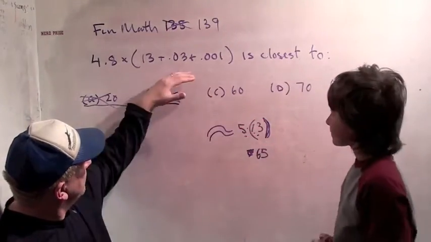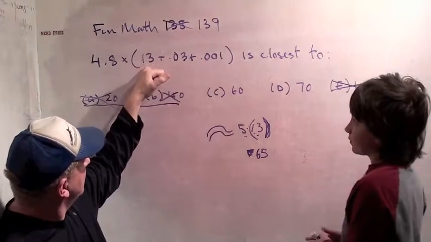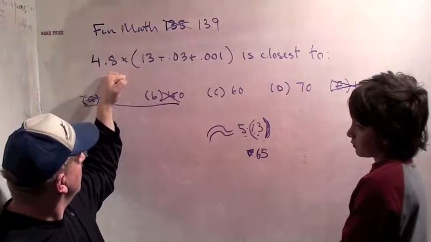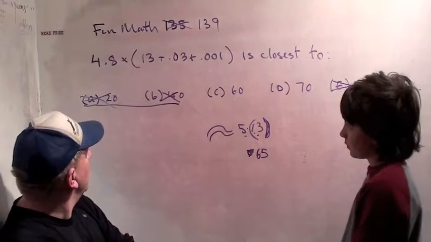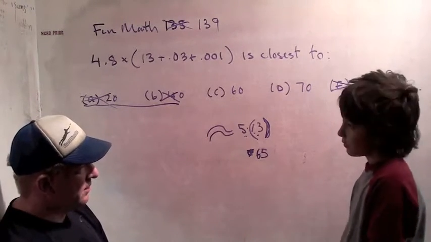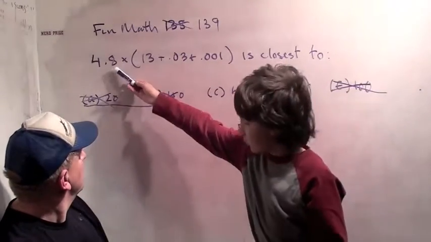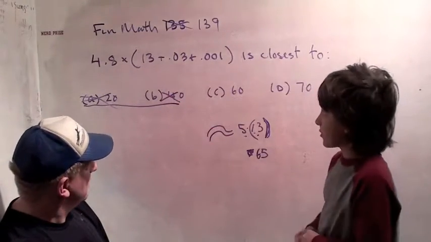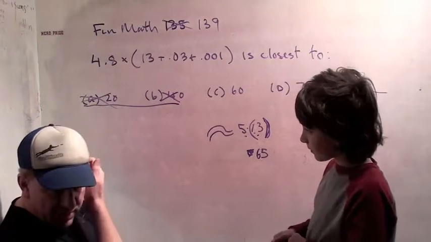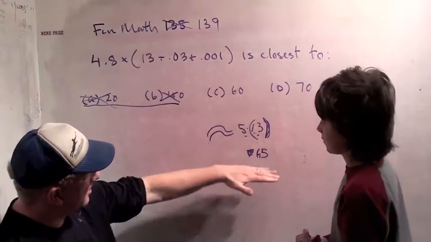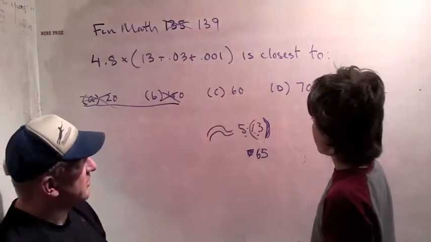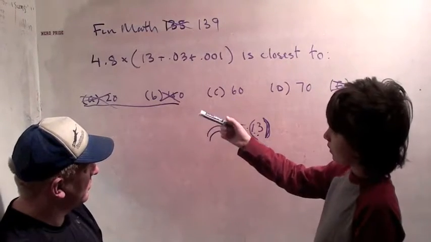This one we left off 0.03 and 0.01 compared to 13, and this one we tacked on 0.2 compared to 4.8. So the 0.2 is bigger than 0.03 plus 0.01. What's a good thing to check now, since unfortunately we ended up right in between two numbers, so we don't know which one it's closer to?